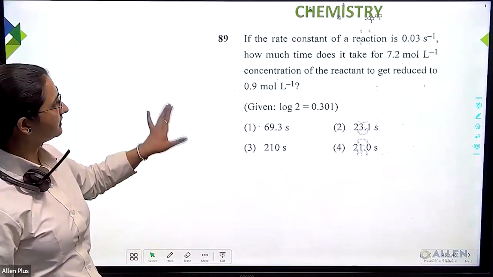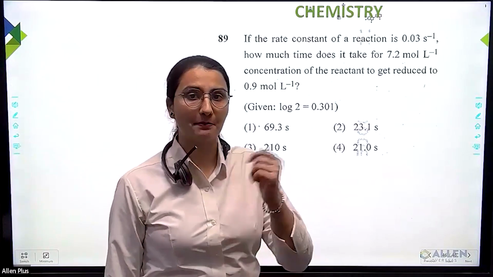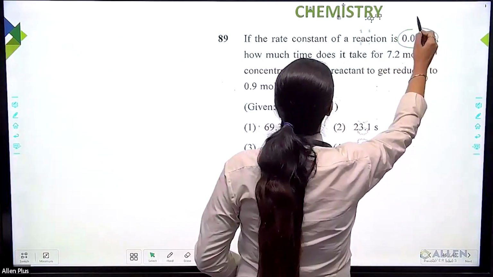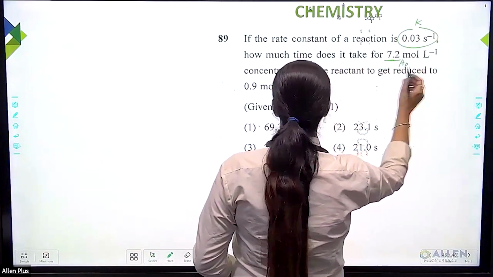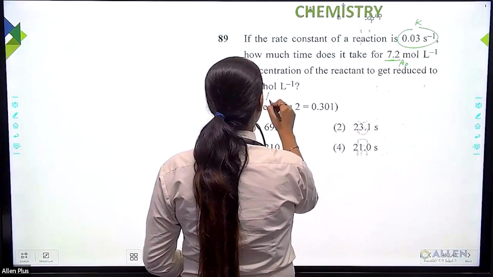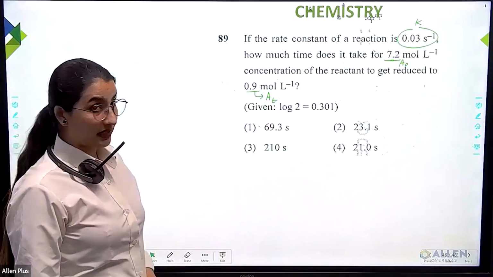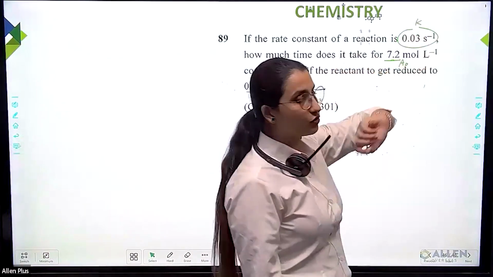Right. Next. So this is from the chapter chemical kinetics. What is given? Rate constant. This is k, right? This is the initial concentration. This is the concentration left at time t. Now see, the rate constant has these units.